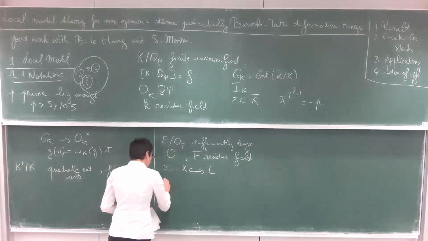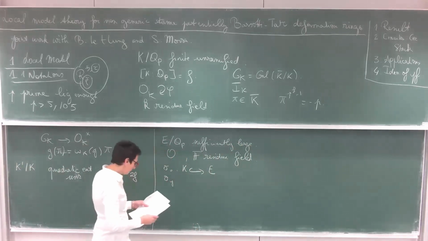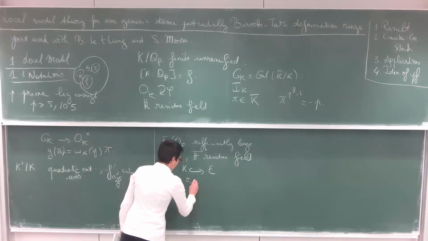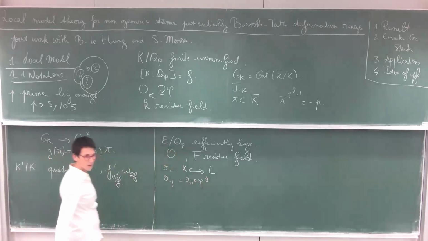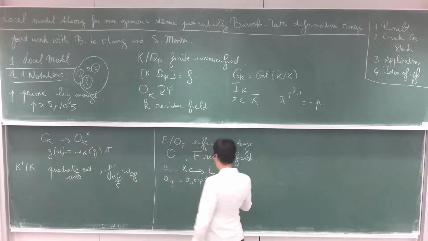And I will denote the other embeddings, which are given by the composition of this one with Frobenius.